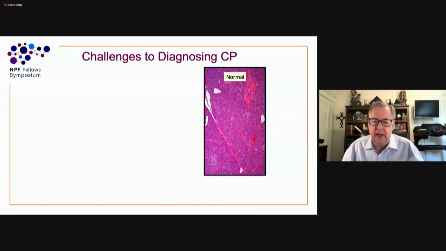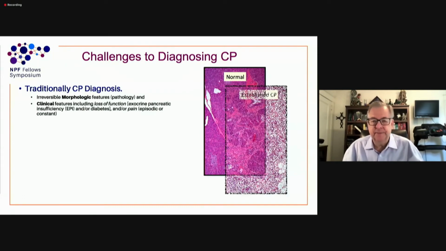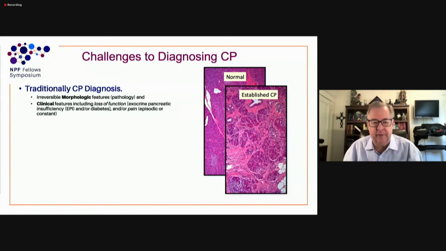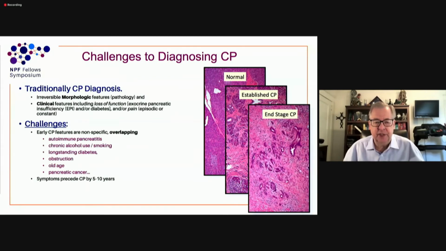The first picture here is of a normal pancreas. The traditional diagnosis of chronic pancreatitis is irreversible morphologic damage. Clinically, there are signs of loss of function, such as endocrine and exocrine dysfunction and pain.